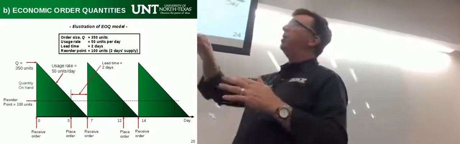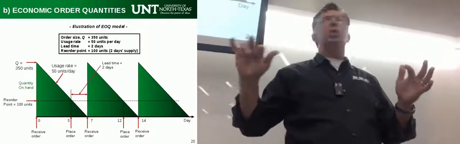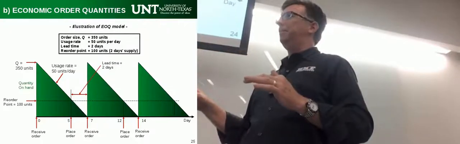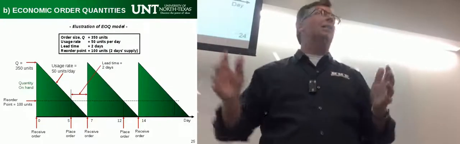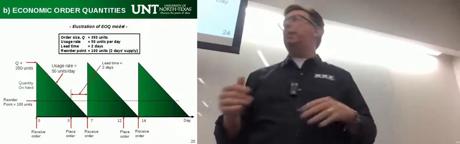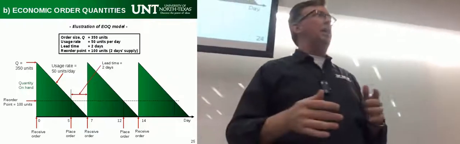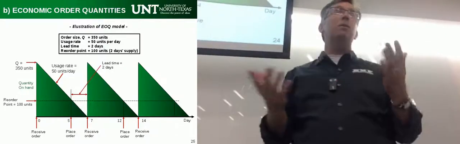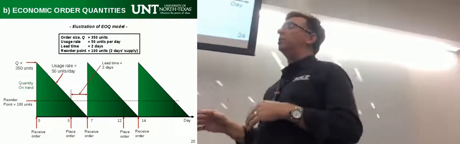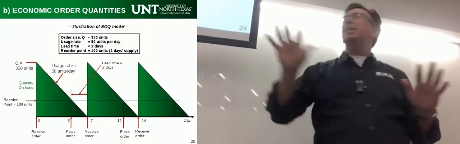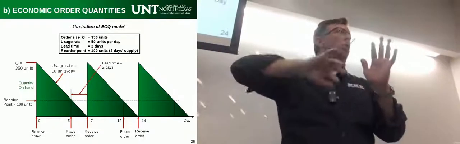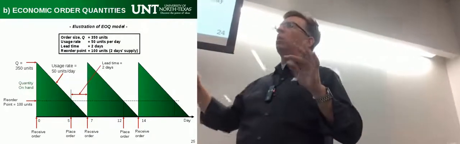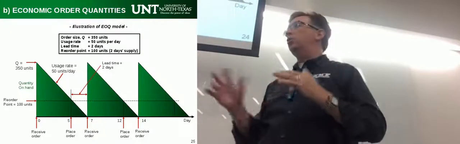This sawtooth diagram assumes everything works perfectly: that my demand is exactly the way I forecasted it, that my lead time is exactly 2 days, and that nothing bad ever happens, which is wonderful. But that never happens. Next week we'll talk about how this theoretical perfect world changes when we have uncertain demand and uncertain lead times.